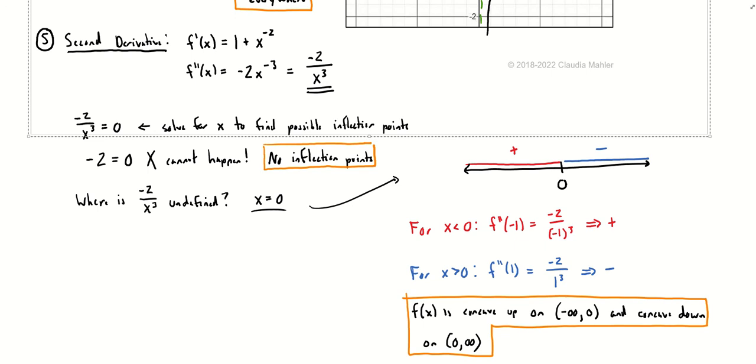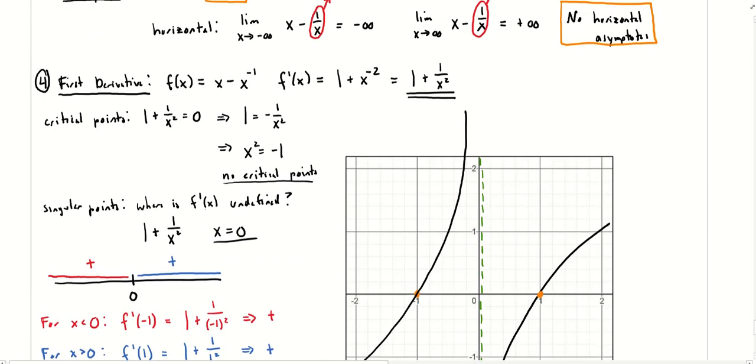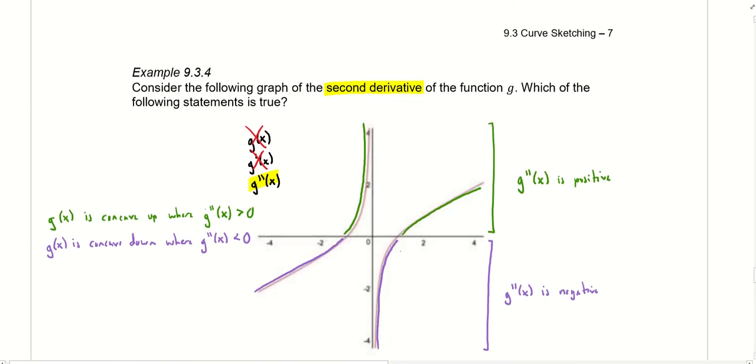I think I'm going to have some examples in case anybody wants to practice sketching some curves. But the important thing is to know what the second derivative is giving you, what the first derivative is giving you, and know how to read graphs of the first derivative or second derivative to get information about the original function, which may not be pictured or may not be known.